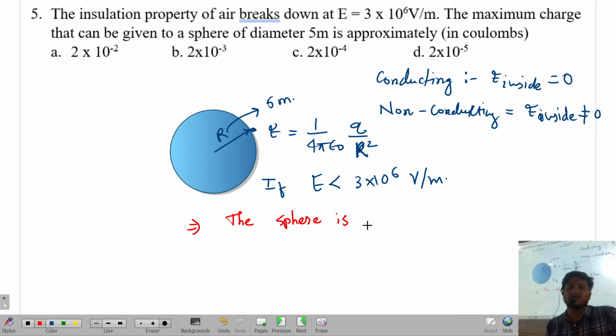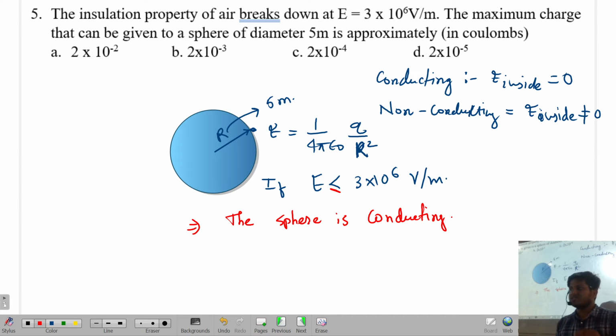Conducting or non-conducting? Tell me, guys. Conducting or non-conducting? If the electric field is less than or equal to 3 into 10 to the power of 6, it will be conducting. Yes or no?